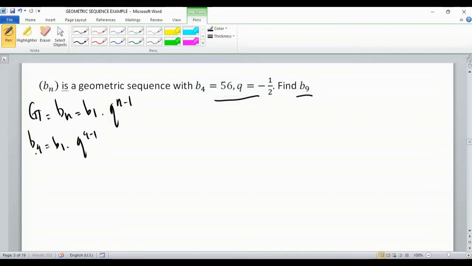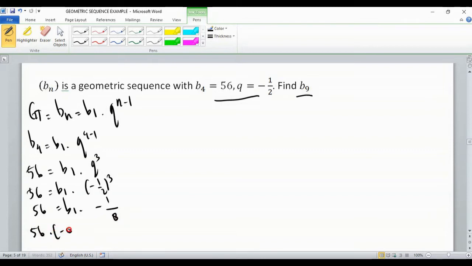The fourth term, 56, equals the first term times k power 3. So 56 equals the first term times k, which is minus half, power 3. Minus half power 3 is minus 1 over 8. So we need to find B1, the first term. So 56 times minus 8 equals the first term.